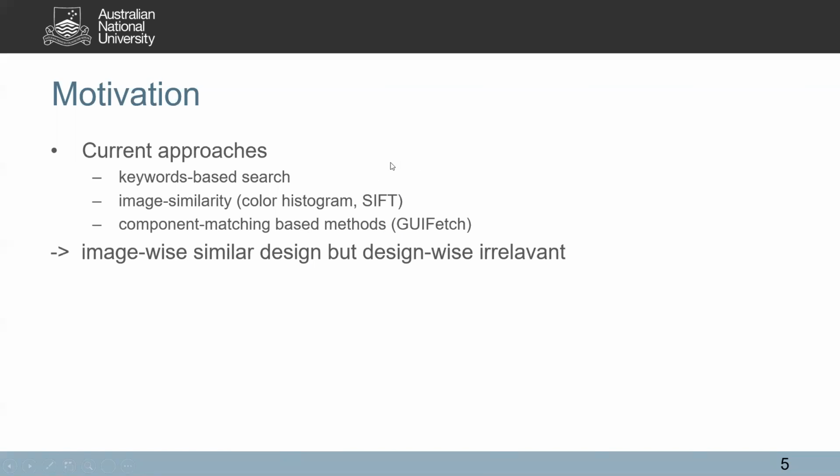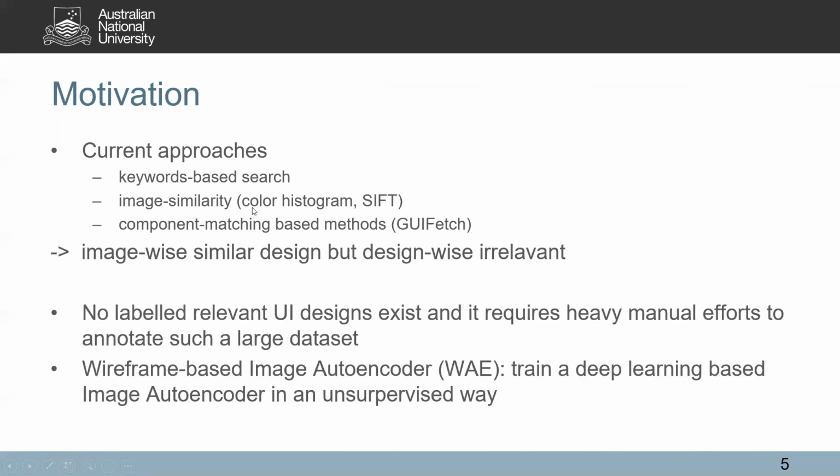Moreover, they will return designs which are image-wise similar, but not design-wise similar. Since there are no labeled relevant UI designs, and it would require heavy manual effort to annotate such a dataset, we propose a method called wireframe-based image autoencoder, which trains a deep learning-based image autoencoder in an unsupervised way.